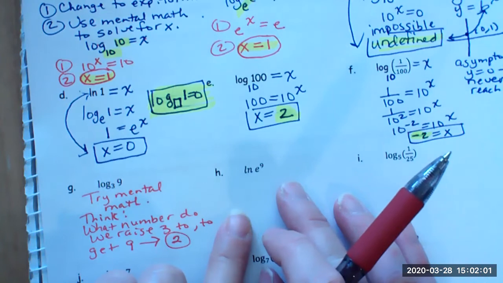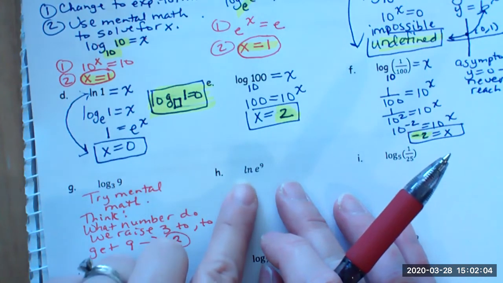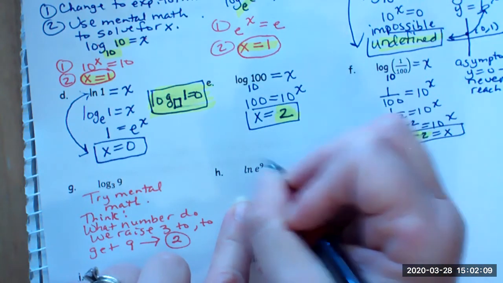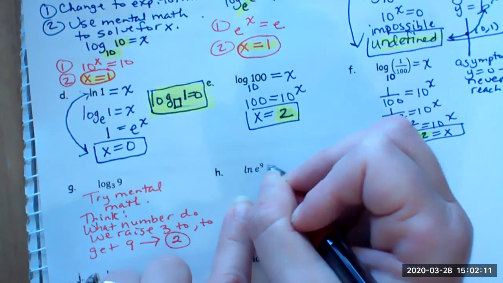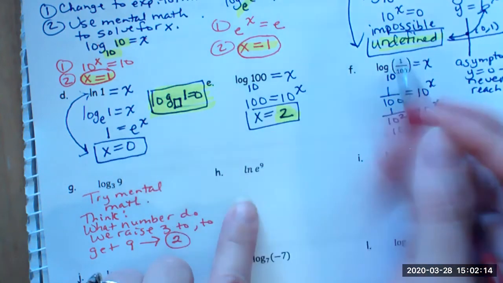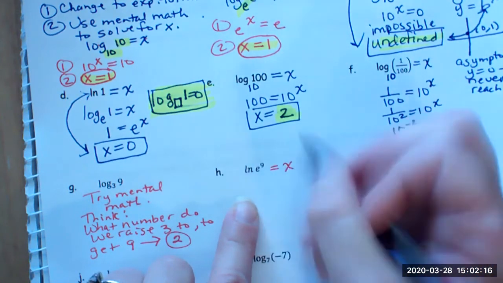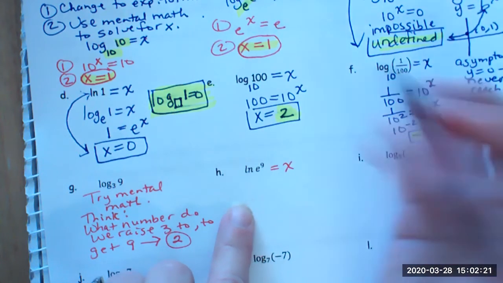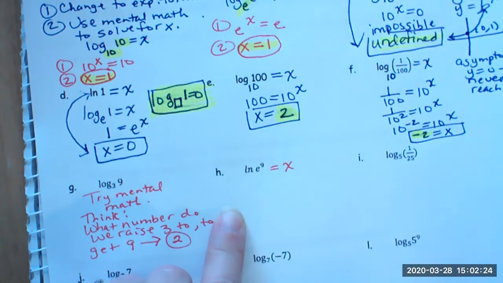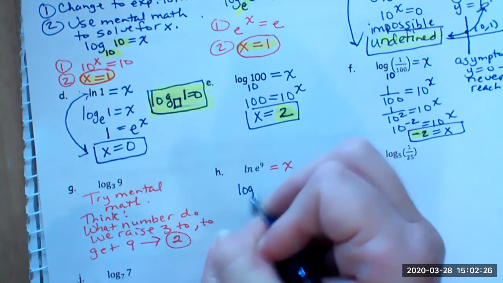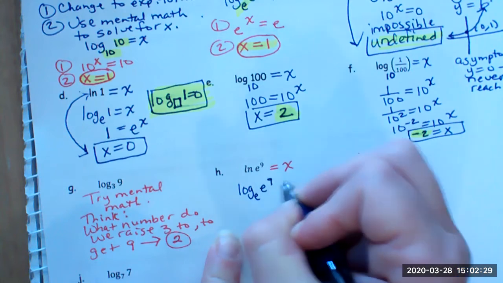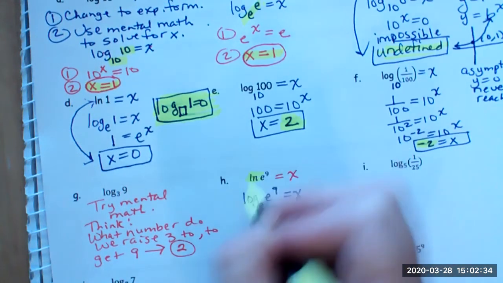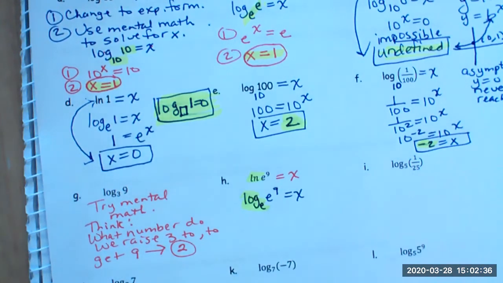All right, so let's look at this one. We've got natural log of e to the 9th. I'm going to go back because this one is a little bit more complicated than log base 3 of 9. I'm going to go back and we'll do it the method we were just doing, changing to exponential form, because I want you to notice something. So let's rewrite this as log base e of e to the 9th equals x, because remember, natural log is the same as log base e.